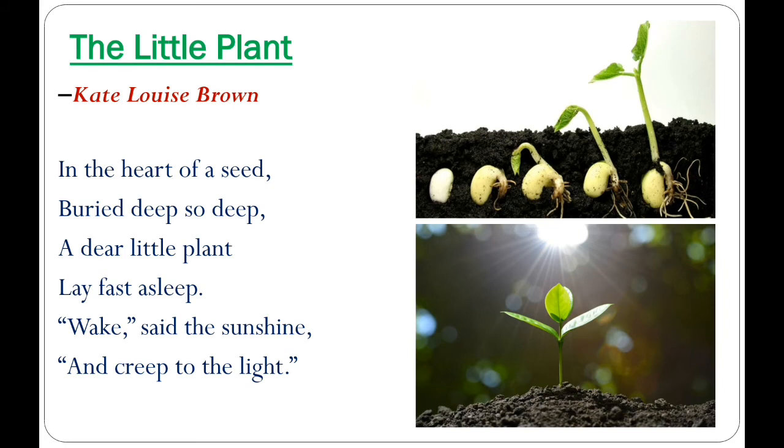In the fifth and sixth lines, the last two lines, what is written? Wake, said the sunshine, and creep to the light. That means now the sunshine came and started calling this little plant that is under the ground: please come out, I'm giving you sunlight, now you come out. I hope you understood it.